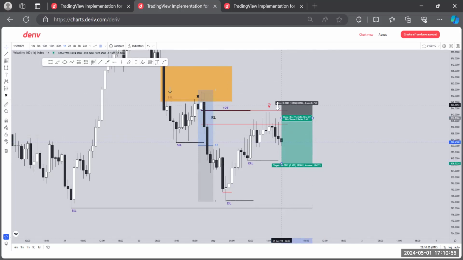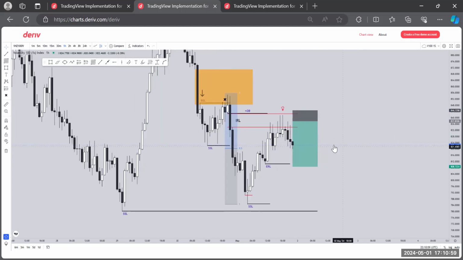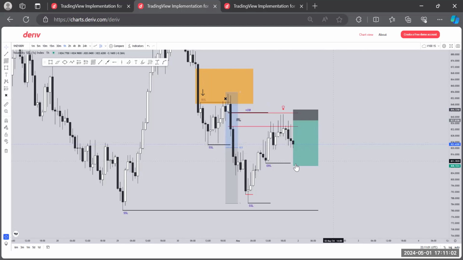But I decided to reduce my stop loss so that I can have a good risk to reward. So right now I'm in this trade and I'm hoping to take partials here and then hold the rest till price gets to this low here at the bottom, where I'll be looking forward to exiting the trade.